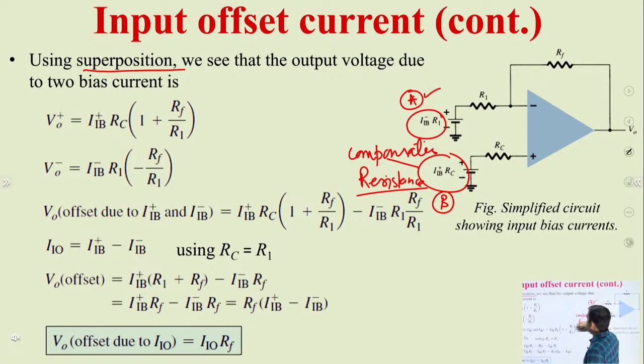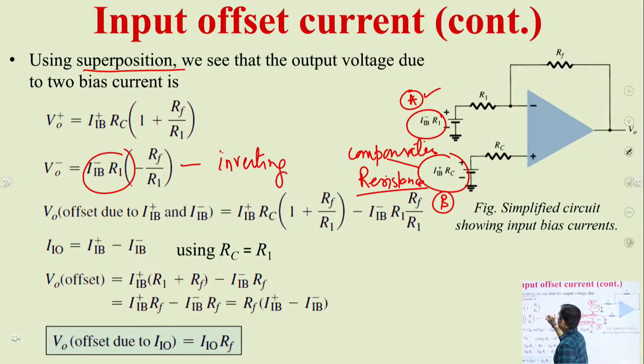If we consider source A, the output is minus Rf by R1 multiplied by V input. We have already obtained this result because this configuration is inverting.